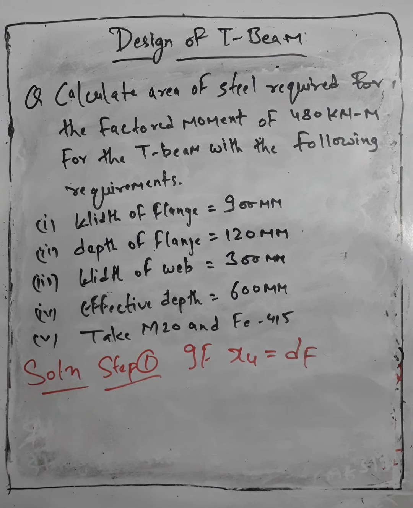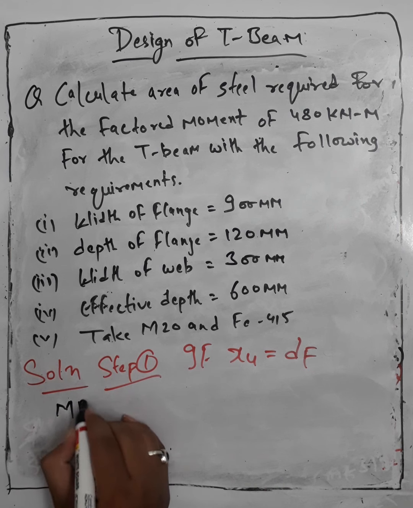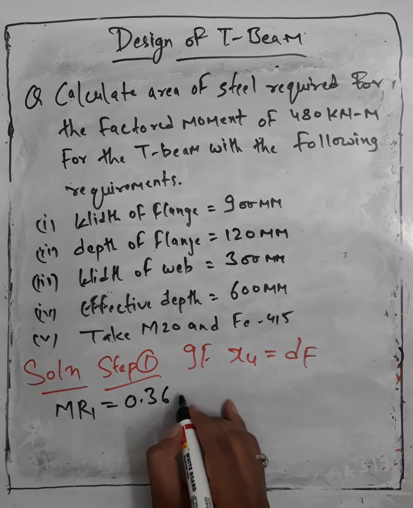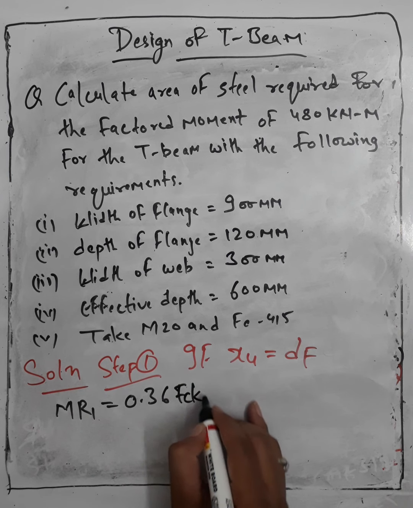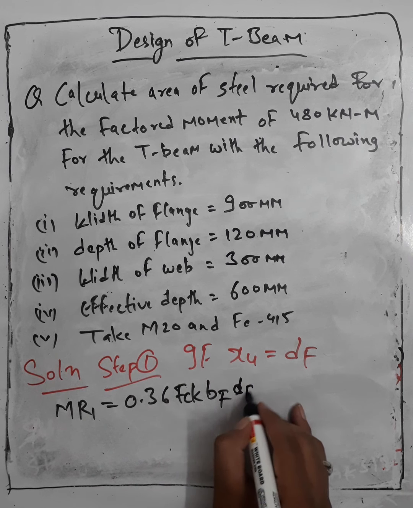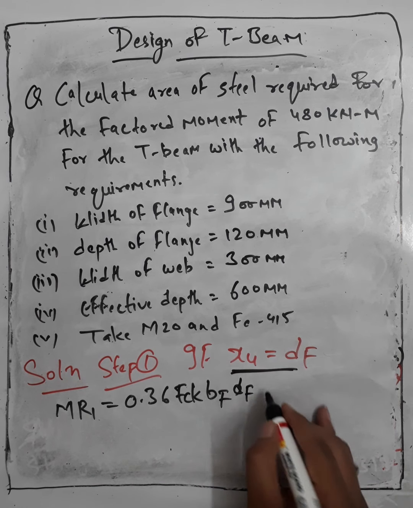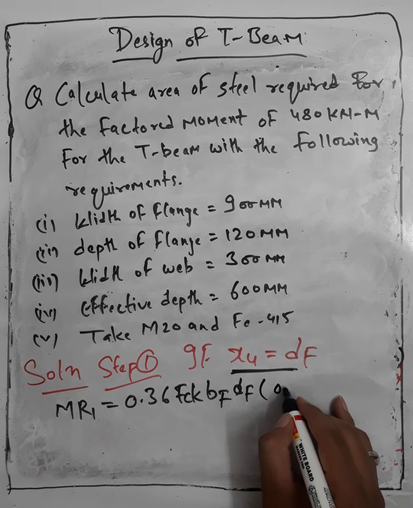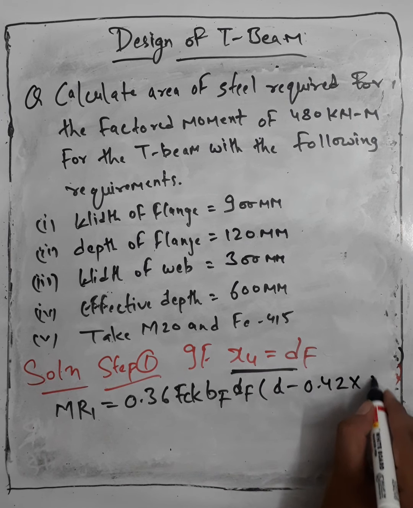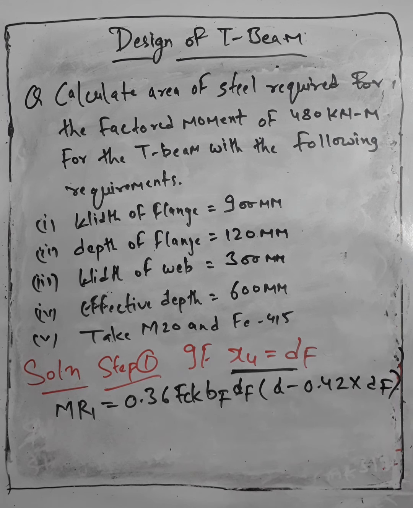For that we have to find the moment of resistance. So for finding MR1, we consider XU equal to DF, and MR1 is equal to 0.36 FCK BF DF into D minus 0.42 DF.